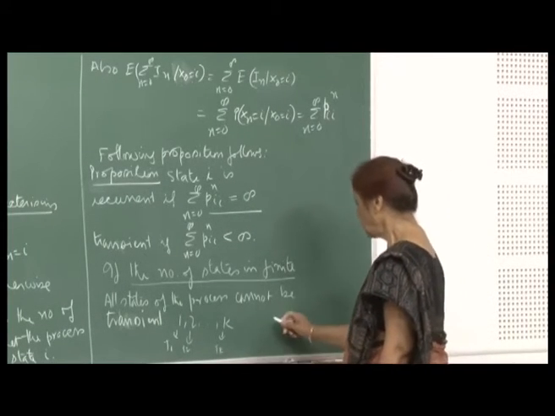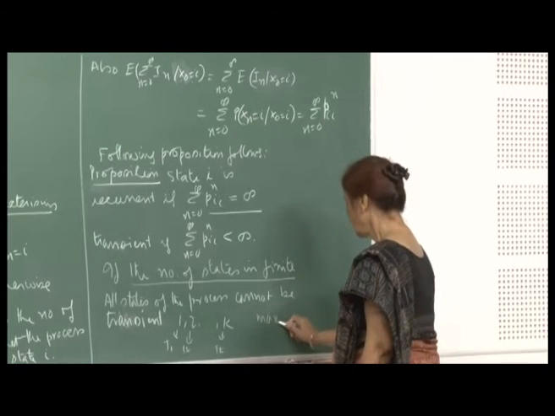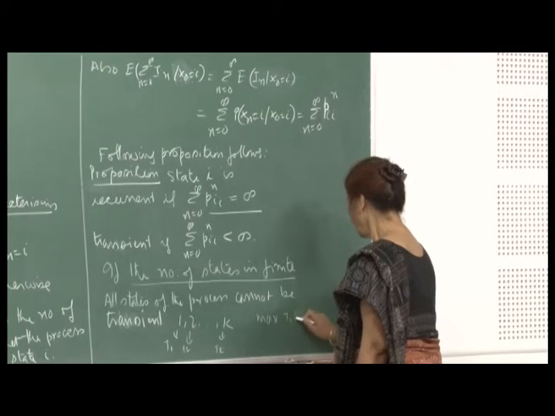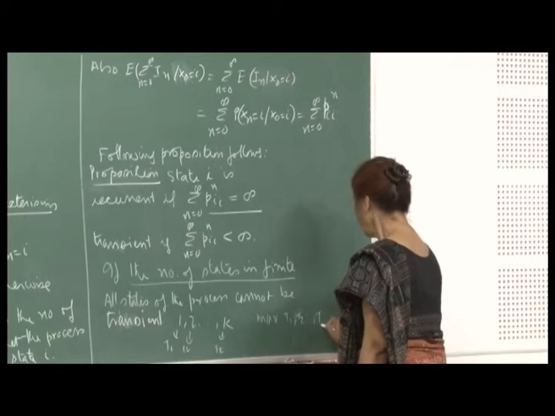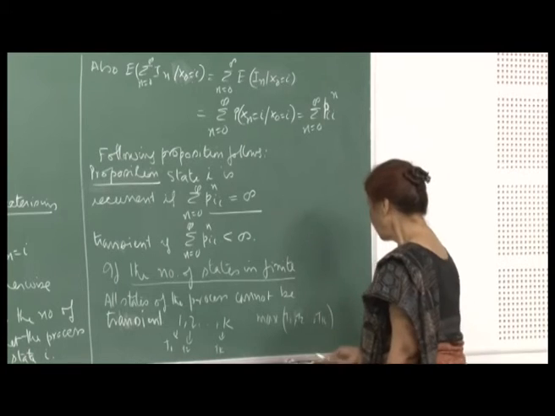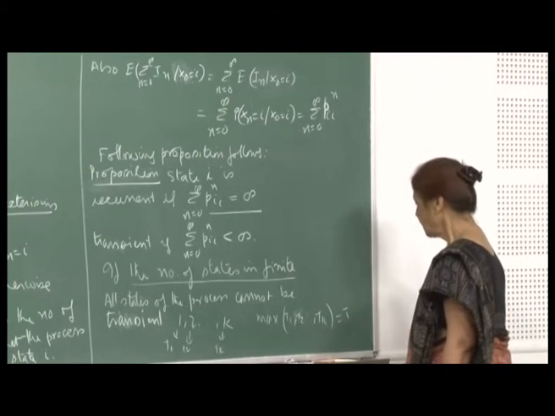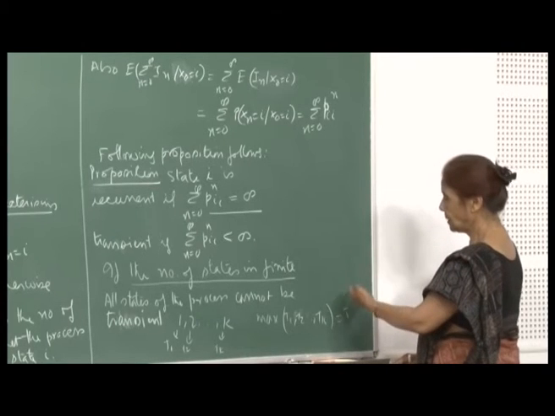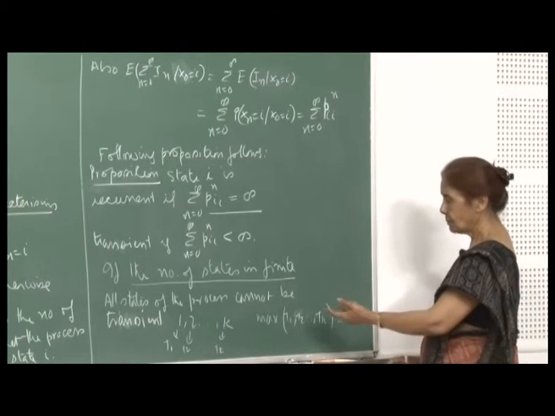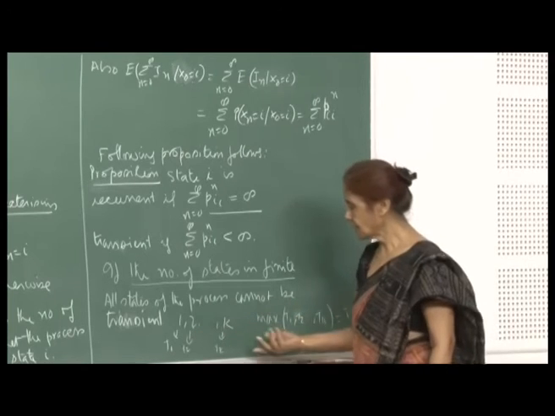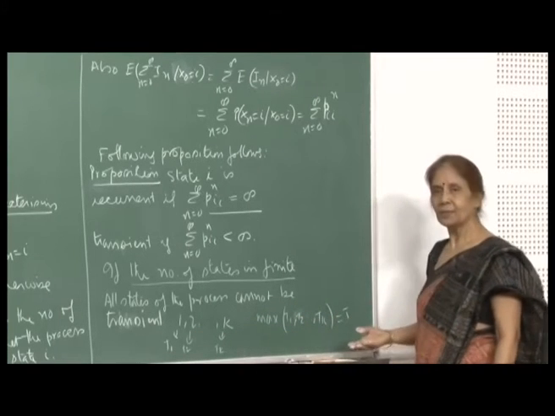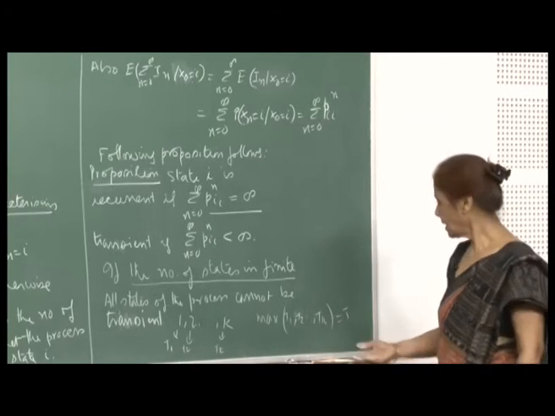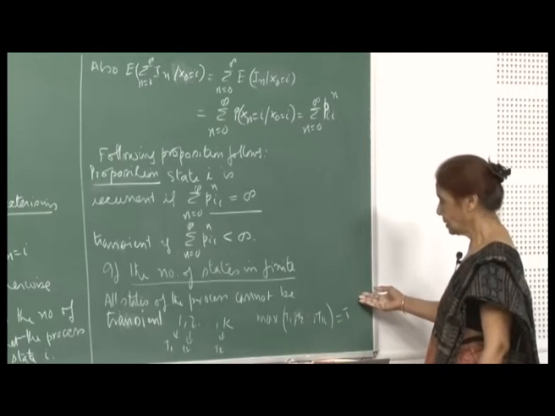Now you take the maximum of t1, t2, up to tk, and define this as capital T. Then when you consider the time T plus 1, T plus 2, what happens? Because all the transient states have already been visited, you can't revisit, but the process has to go on. The process has to be in some state at time T plus 1, T plus 2.